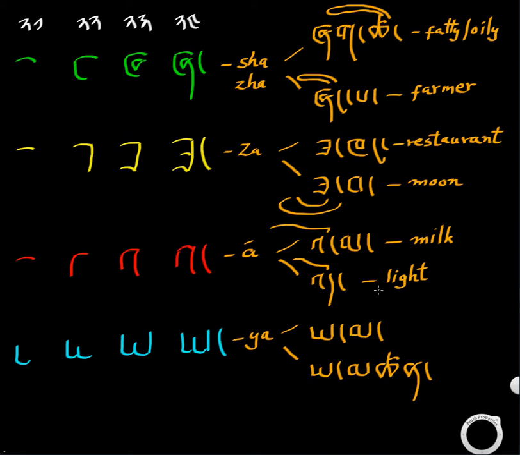So u meaning light: when you say sunlight, that's nime u. When you say moonlight, that would be dawe u. Dawa is moon. When you say dawe, it's kind of like apostrophe s, like you could say Tashi's car, showing that the car belongs to Tashi.